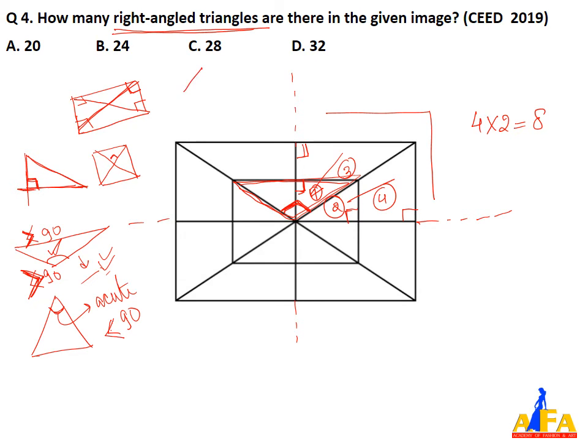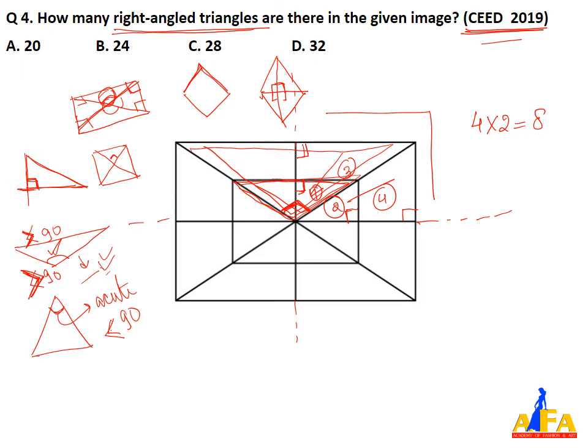Or if we talk about the rhombus, so rhombus also forms a 90 degree, but the diagonals of the rectangle don't form the 90 degree. So we will not calculate this triangle or this triangle as a right angle triangle. You have to keep this in your mind because this question came in 2019.